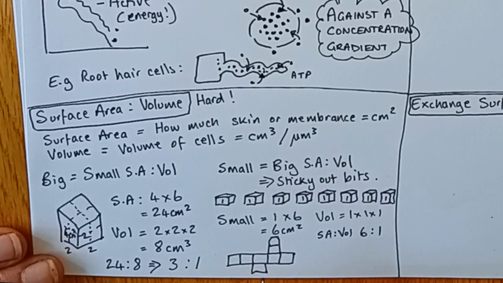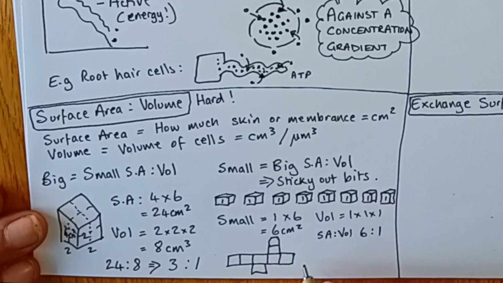And suddenly, if I join those together like that, I've still only got the same volume here, because I've got 1, 2, 3, 4, 5, 6, 7, 8 squares, so it's still got the volume of 8. But now I've got the surface area all the way around the edge. I'm going to increase that surface area massively. So sticky out bits or long thin bits have a larger surface area than smooth things.